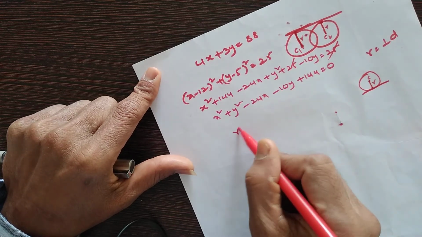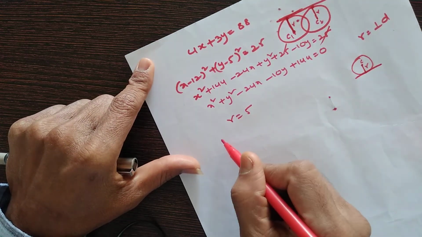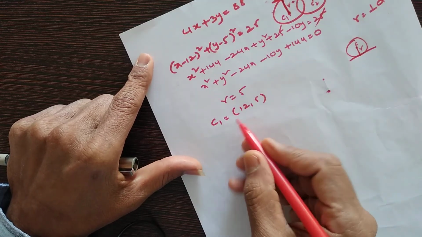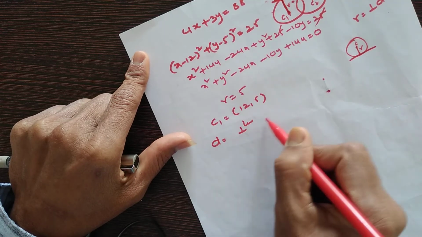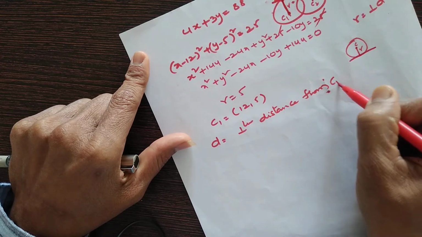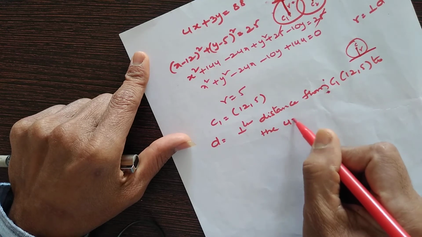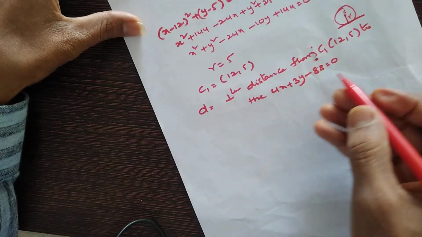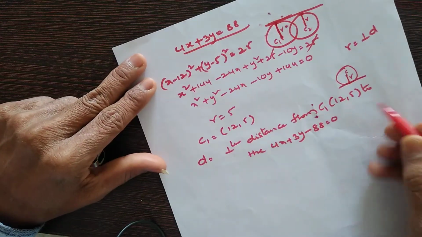See here, the radius we already know is 5, from the circle equation. And what is the center over here? The center is (12, 5). Now find the perpendicular distance d from the center (12, 5) to the line 4x plus 3y minus 88 equals 0.